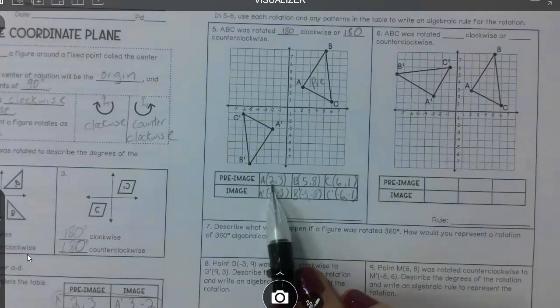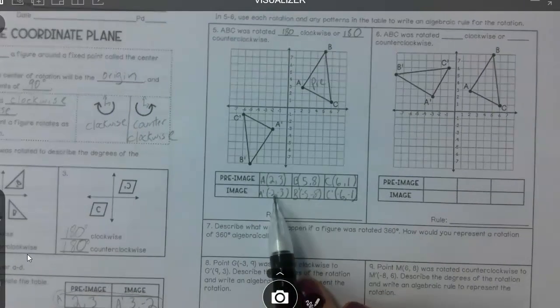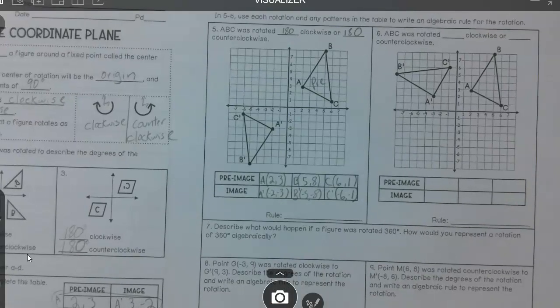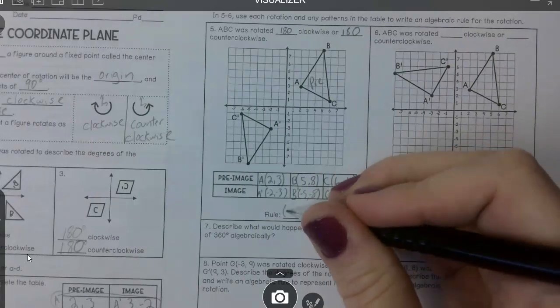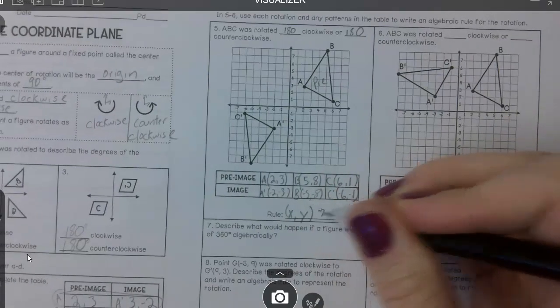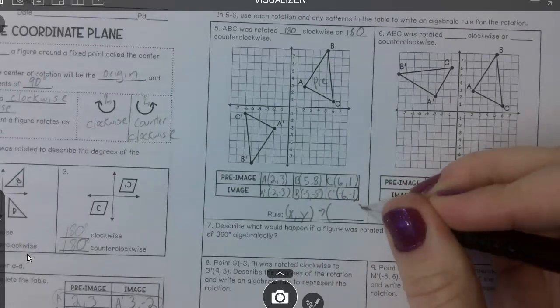Well, the (2, 3) is now (-2, -3). So all that happened was the x's and the y's are opposites. So to show that, if we started with a normal (x, y), we want to do the opposite.